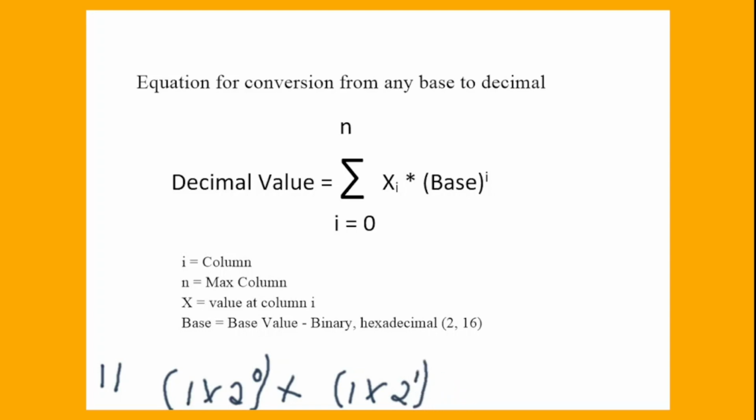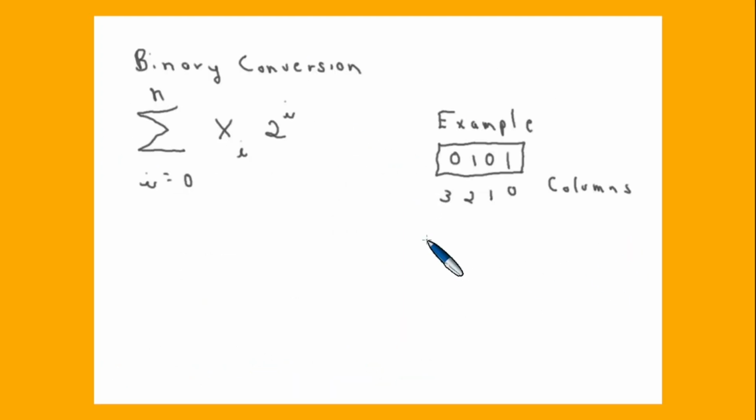And what I wanted you to see here is that this is just the summation. In this case, we start at 0, and n is 1, because that's the maximum number of rows. All right, let's go to another example. Okay, here's an example.